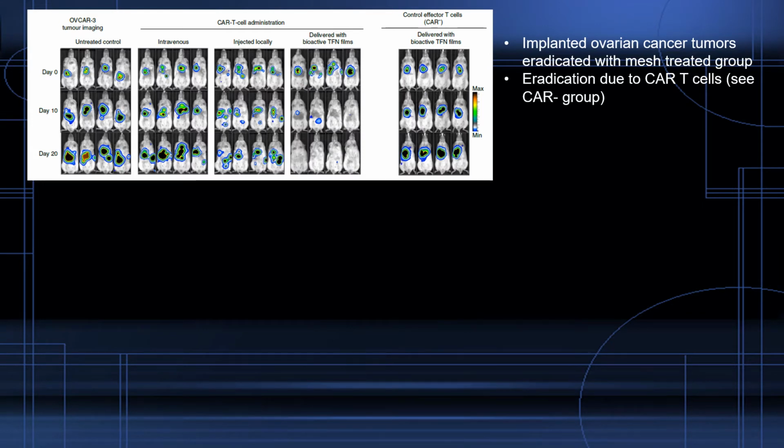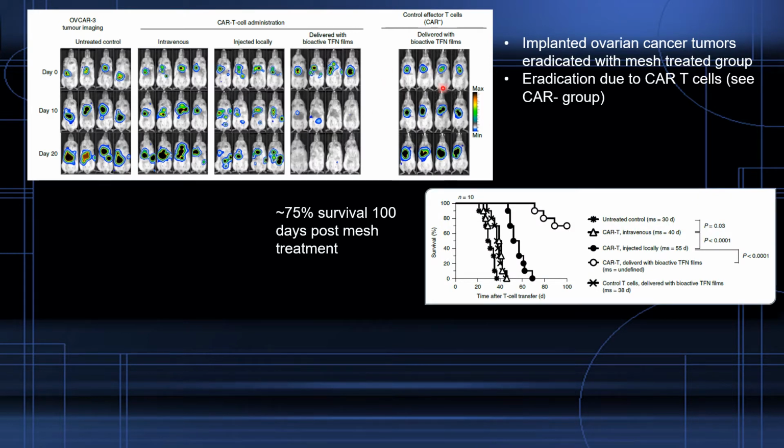And this was specifically due to CAR T cells, because when they have their control with the meshes with non-CAR T cells, there is no eradication of the tumor. They also saw a significant increase in survival, 75% after 100 days post-treatment versus 0% for the rest at this time period.